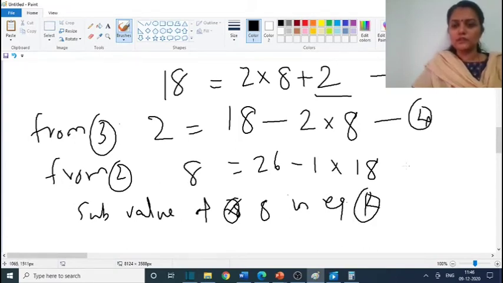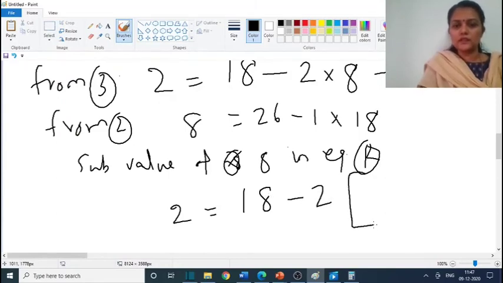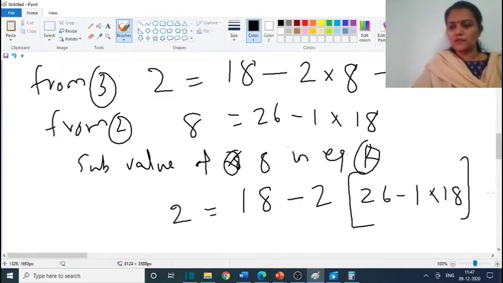So we got 2 is equal to 18 minus 2 into 8, which is 18 minus 2 into (26 minus 1 into 18). That we can simplify.